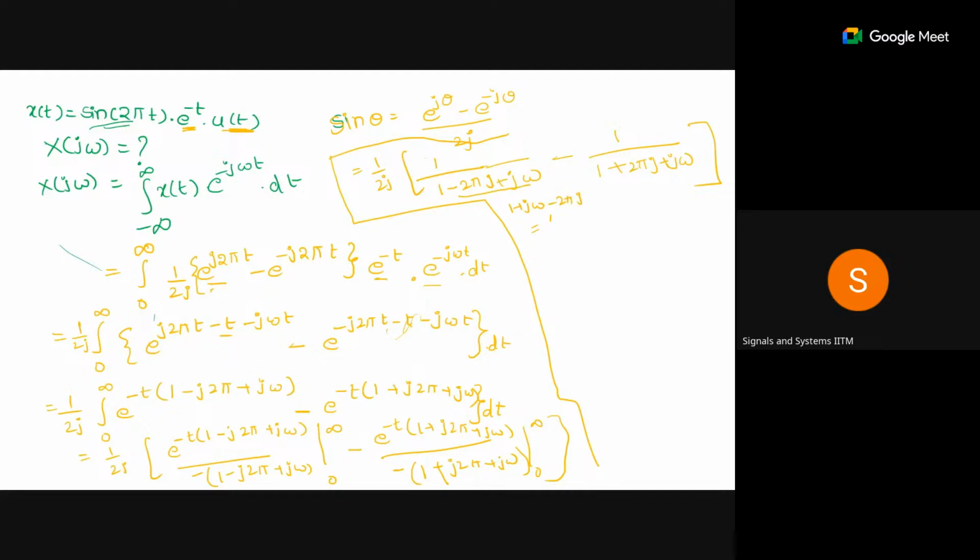This term is the denominator, and this as 1 plus j omega plus 2 pi j, just rearranging the terms.